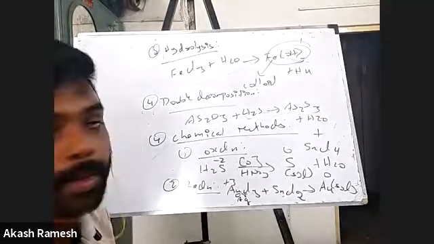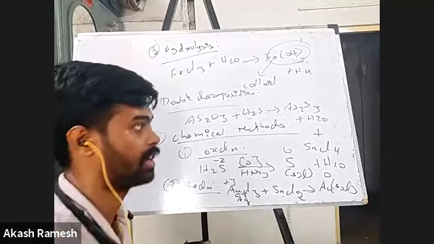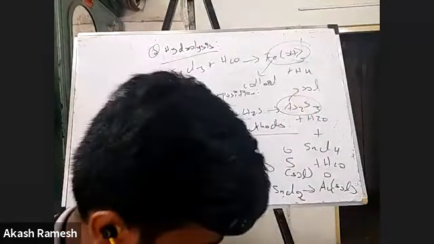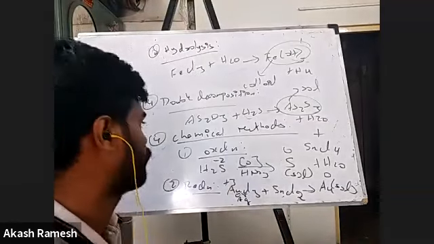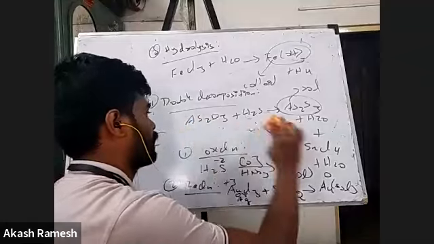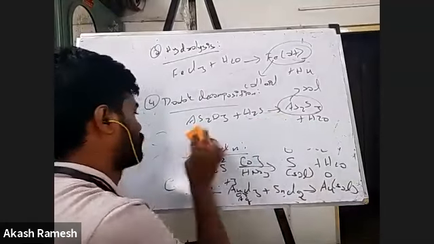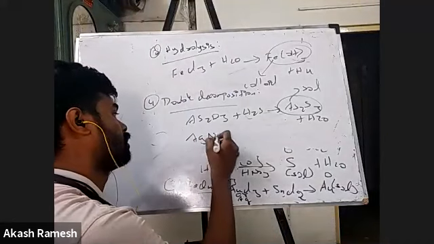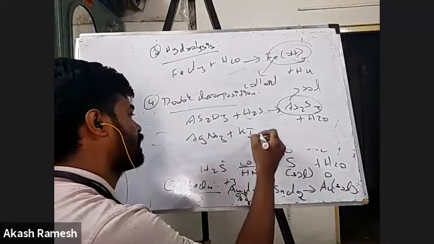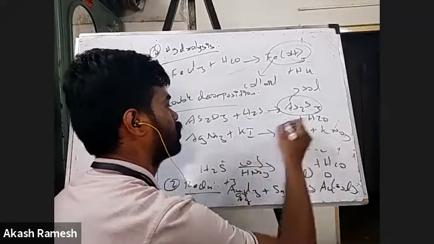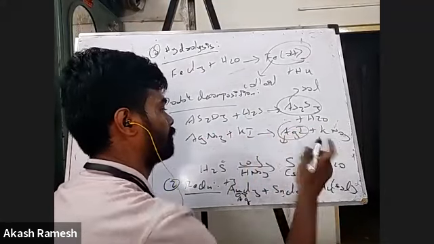So you can see that it is a double displacement or double decomposition reaction. Again, this is my salt, this is my colloid. One more good example is AgI. I have AgNO3 reacting with KI to form AgI plus KNO3. So AgI is again a colloid.